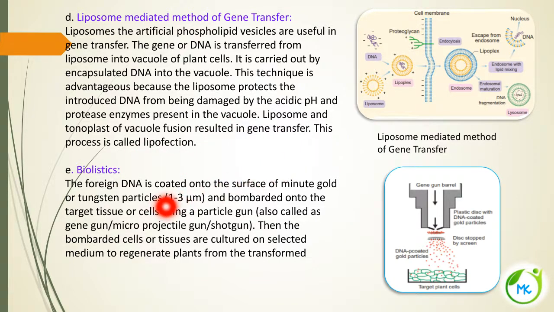Next is biolistics. In biolistics, the foreign DNA is coated onto the surface of minute gold or tungsten particles of 1 to 3 micrometer, and it is then bombarded onto the target tissue. This serves as a particle gun, also referred to as gene gun, micro projectile gun or shotgun.